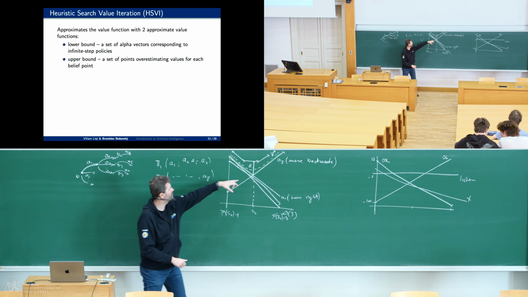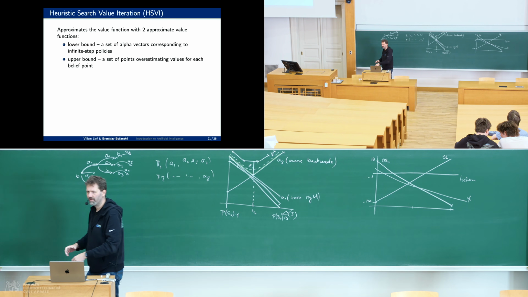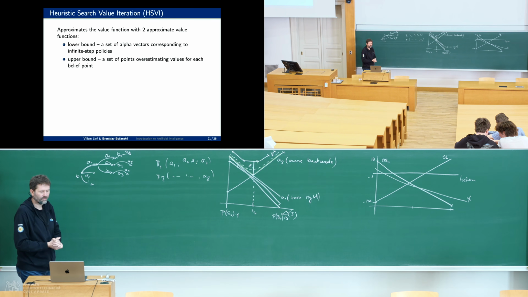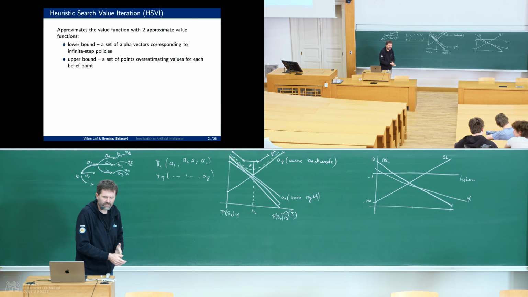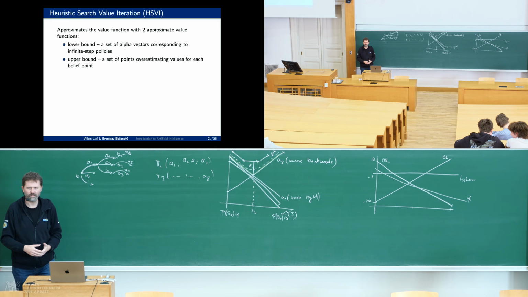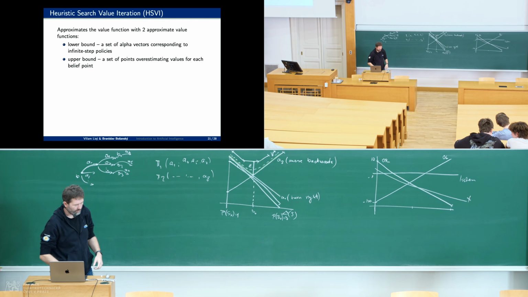In the worst case it would be the lower bound, but it wouldn't be more than epsilon away. So we have some bounded error, which is good. Now with HSVI, we'll know that we need to continue further because we are too far away from the optimal solution.